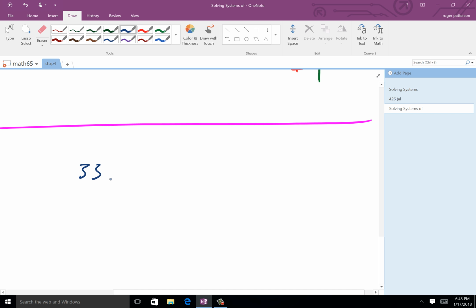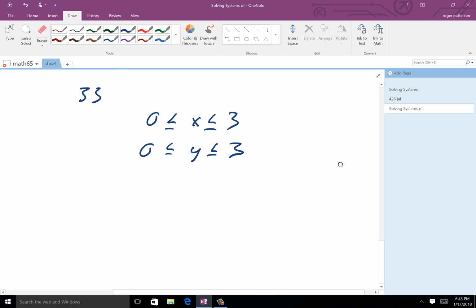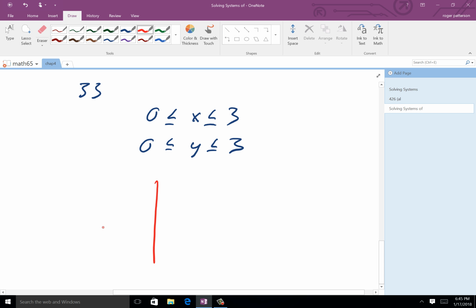So 33 says 0 less than or equal to x less than or equal to 3, and 0 less than or equal to y less than or equal to 3. This one, I don't think Desmos will handle. Okay, so let's look at this x one, right?